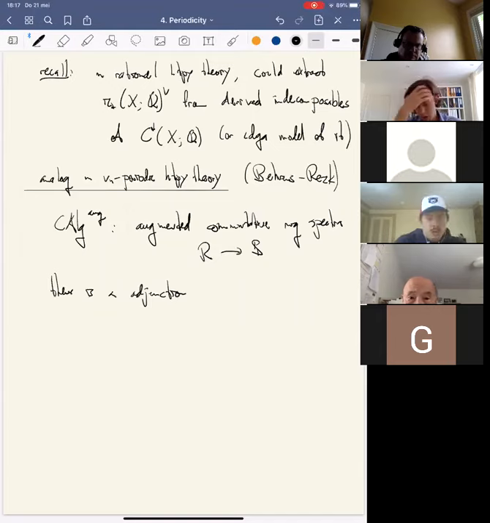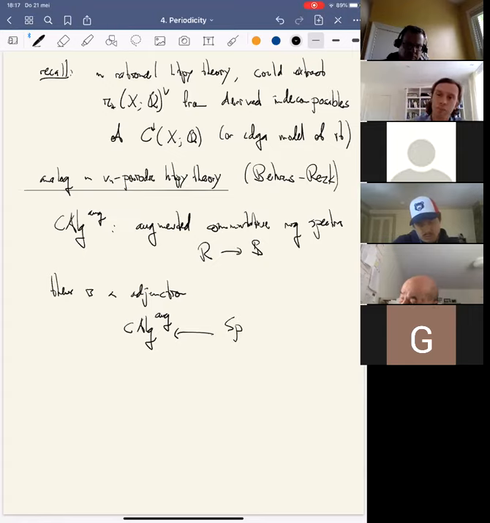well, there's an adjoint pair that relates this category to spectra. Well, there are several, but I want to focus on a specific one. So what I can do is, if I give you a spectrum, I can build an augmented ring spectrum by taking the trivial square zero extension.